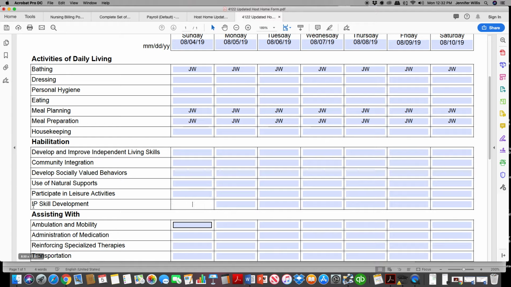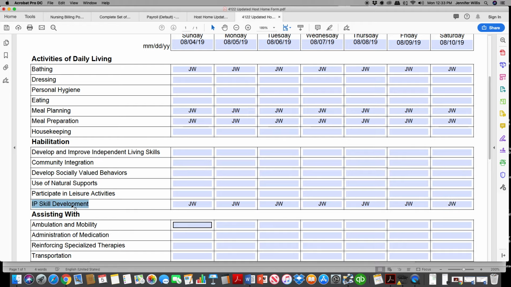Most importantly is our IP skill development box. That is a box that should be checked off for everyone every day, because when a service coordinator from a local authority comes out, or your case manager comes out, we're always talking about IP skill development.